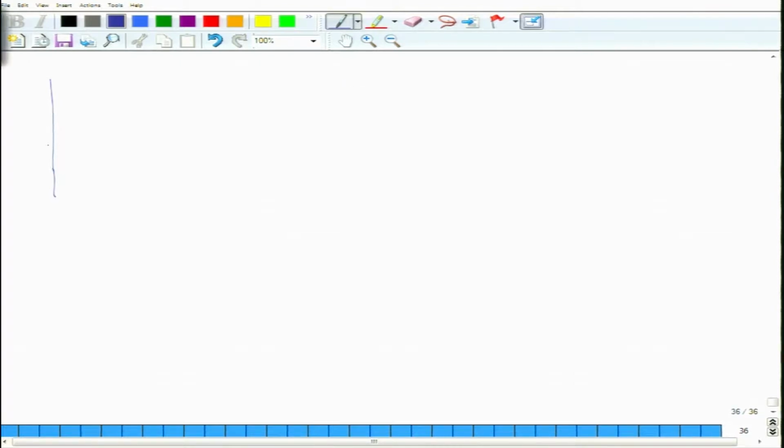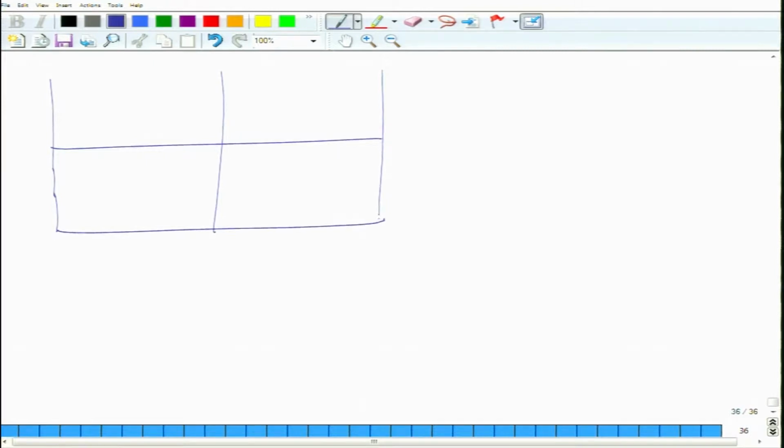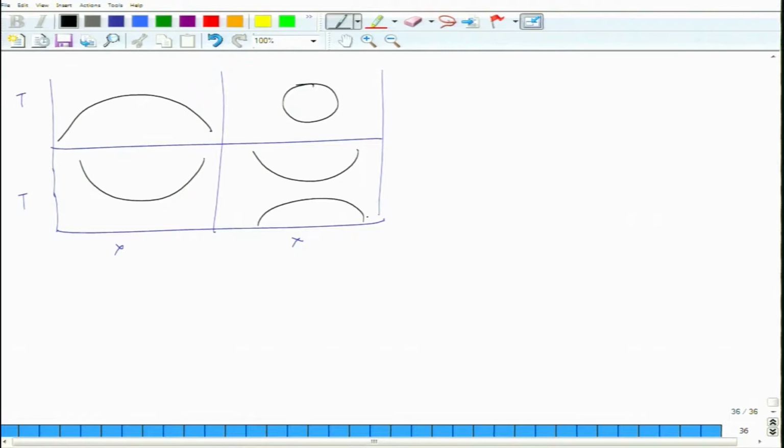So, let me first draw temperature versus composition, okay. And what we have here is something like this.